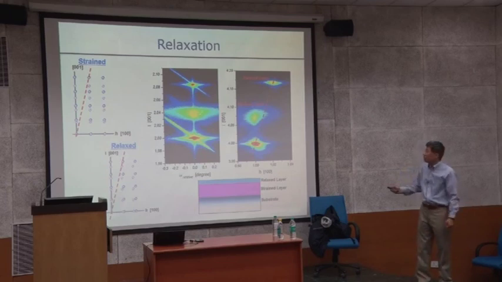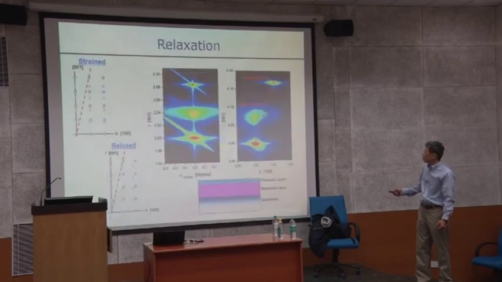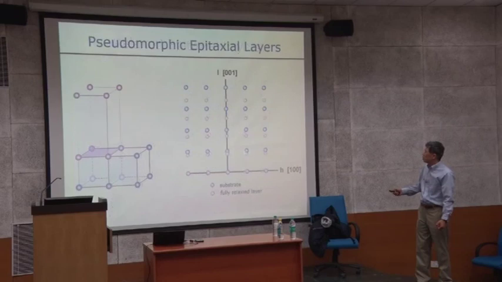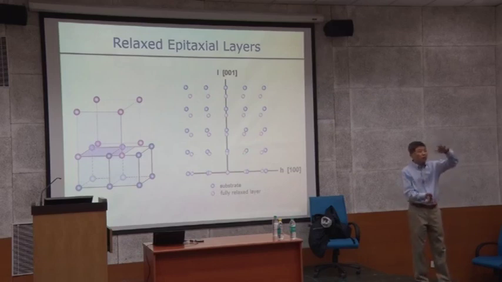The separation is shorter, and it is very similar to the separation for the coherent case. And in this one, the separation is further, and it's incoherent. Then you know whether this is compressive strain or tensile strain.